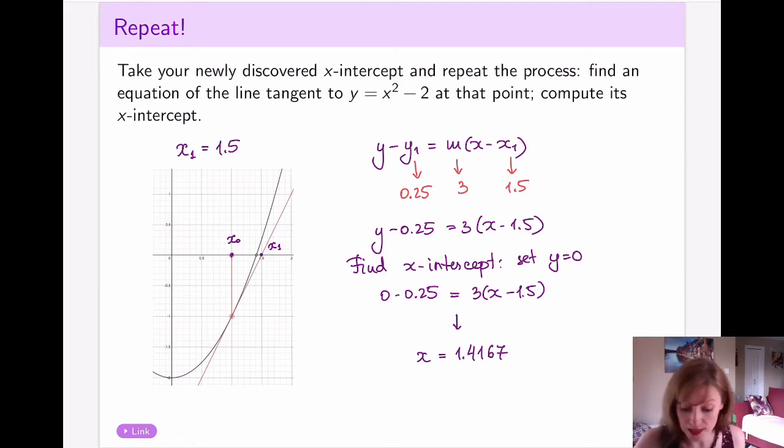We then did this again, and this is what this slide is doing. So then we went up to the function again, constructed a tangent line, and that x-intercept is the next iteration, or what we would call x2. And you will keep going until you're satisfied with the accuracy that you're getting.